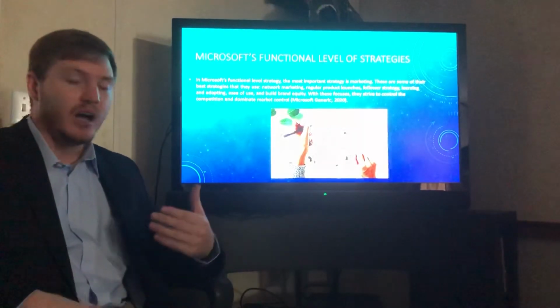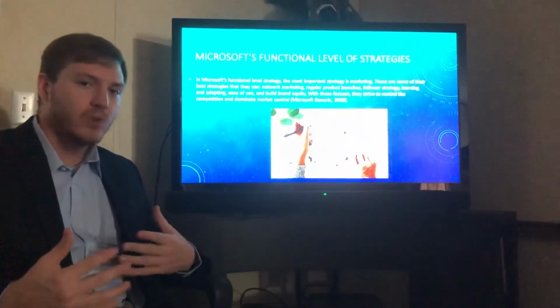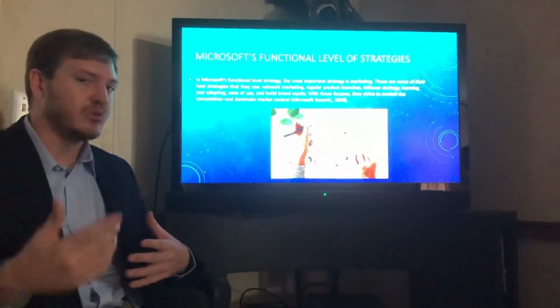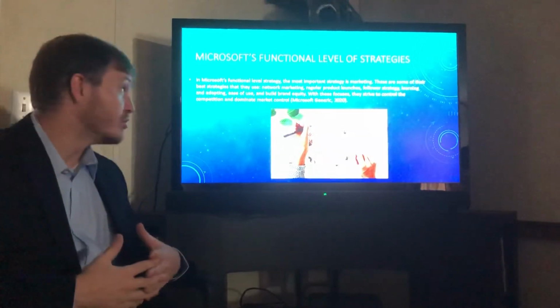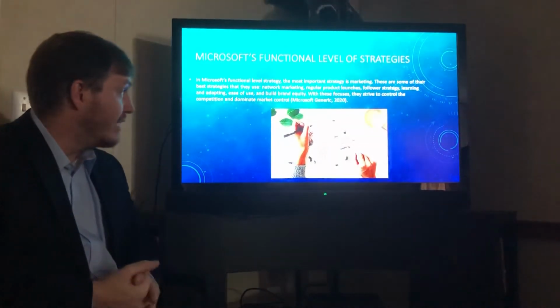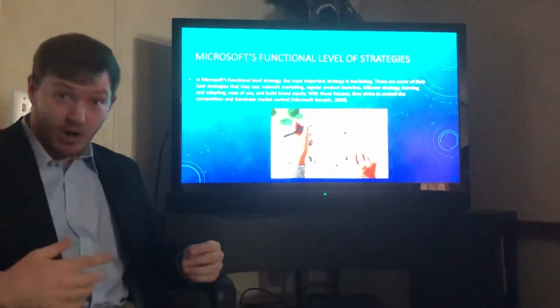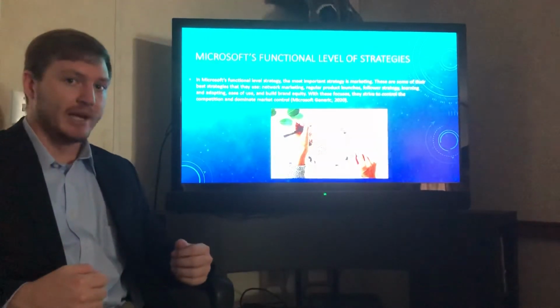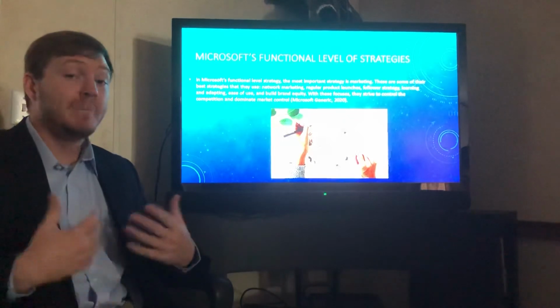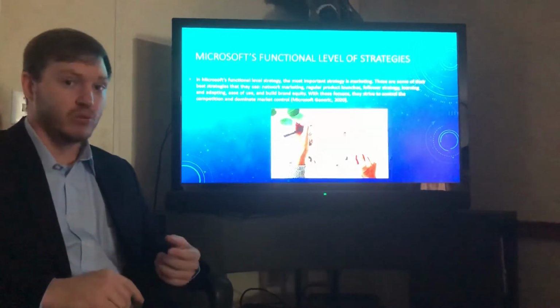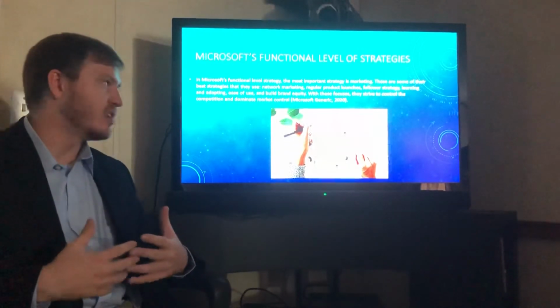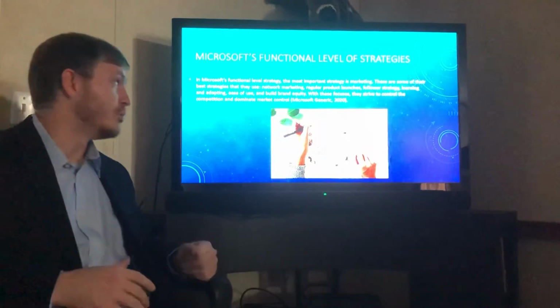They're learning what the consumer wants and adapting to solve those needs for the consumer. And they want to build the brand equity, which is already very strong, but they also want to build it in other realms, such as smartphones, other than just personal computers.